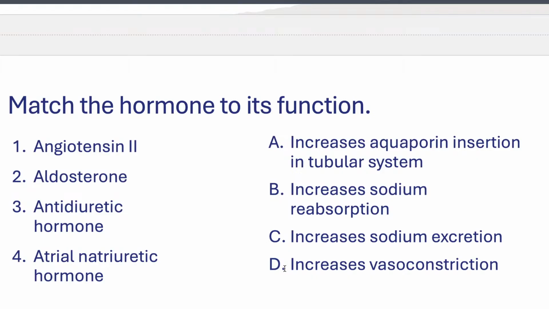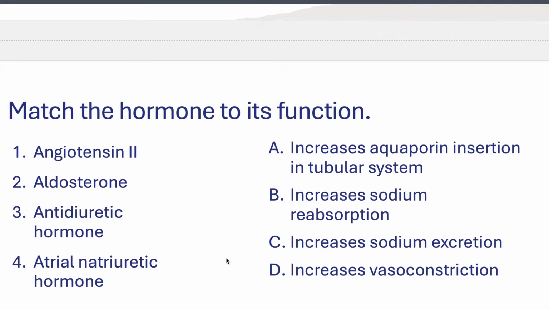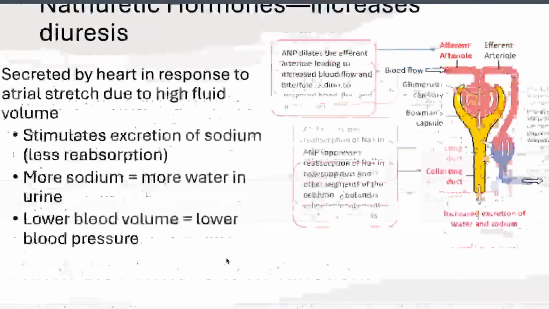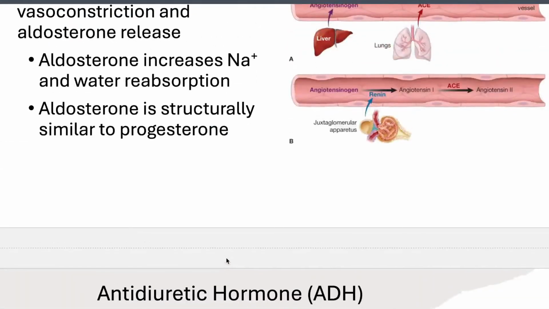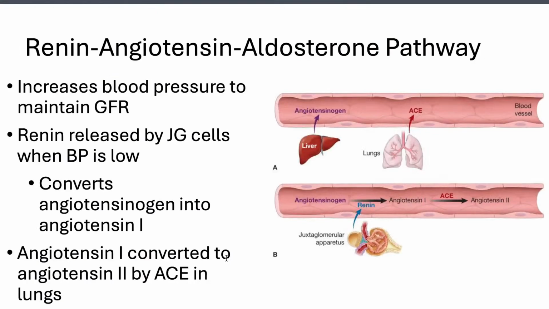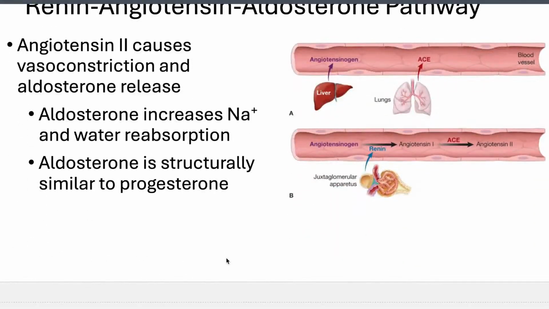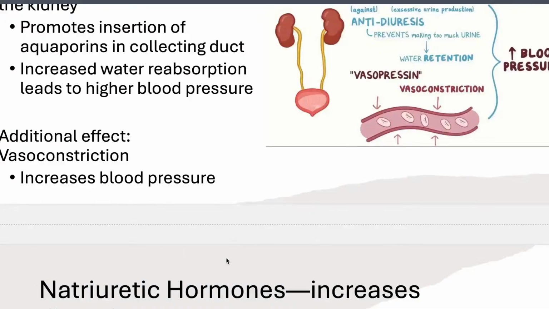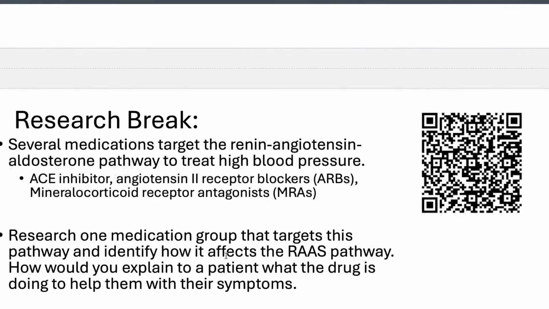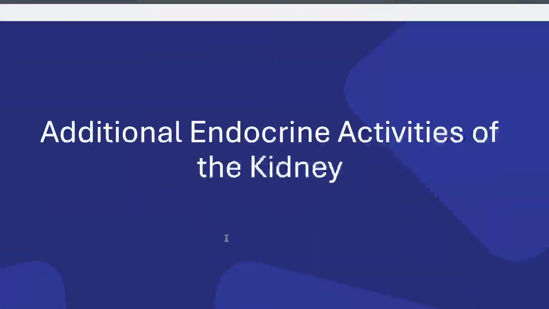And angiotensin does vasoconstriction, and atrial natriuretic peptide, the ANP hormone, does increase sodium excretion. So let me check my work. Yeah, okay, cool. Research break. Let's not do that.